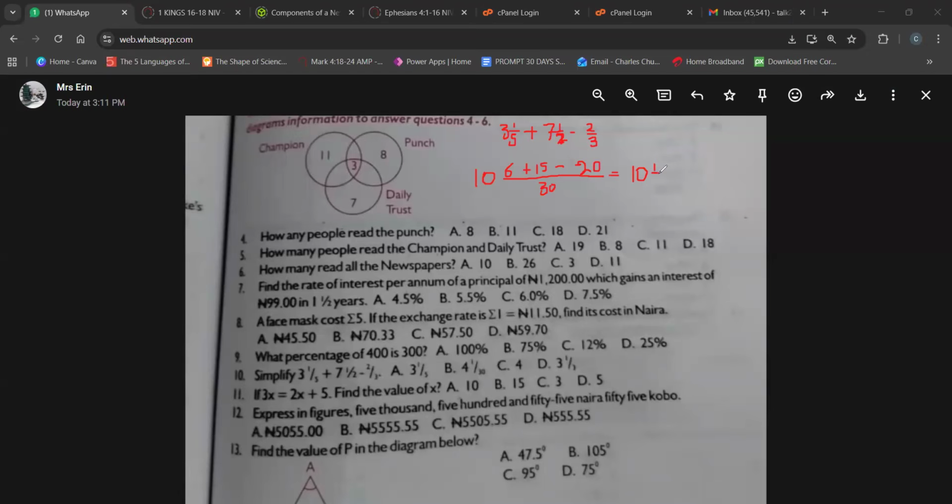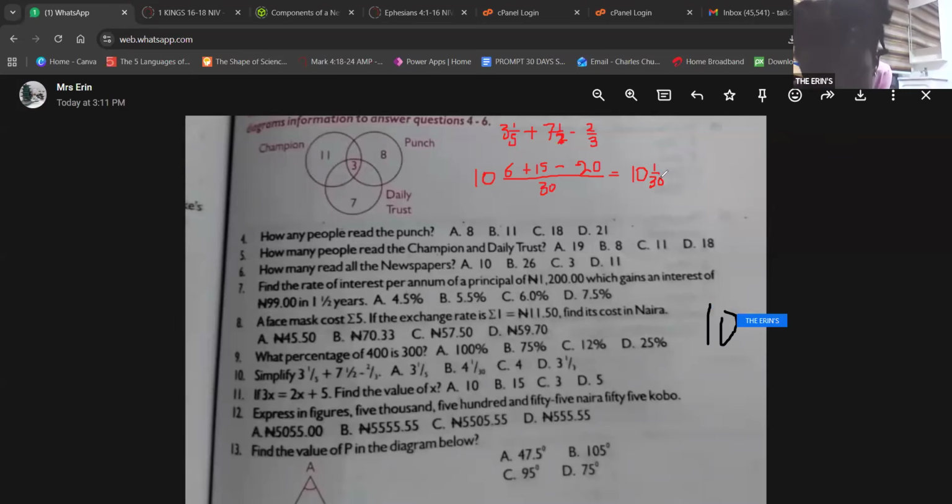That is not correct. It will be 3 whole number 1. Where did you get 3 whole number? When we get everything, the answer is 10 whole number 1/30.